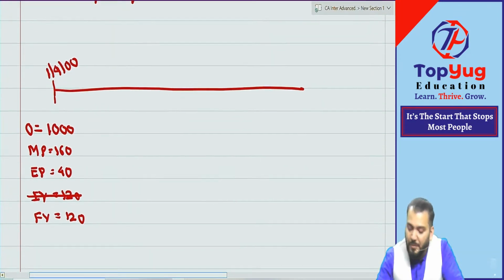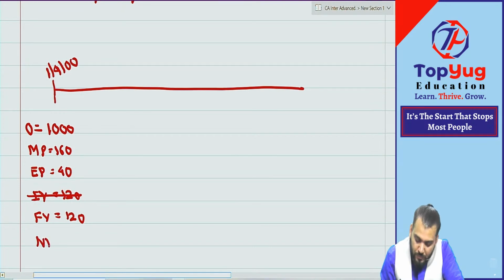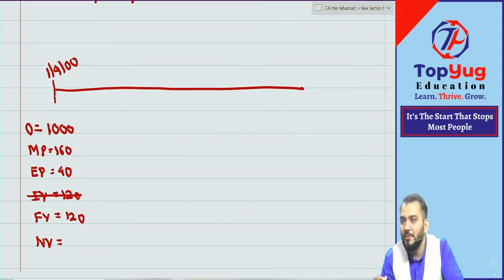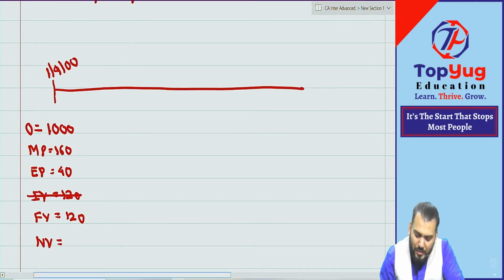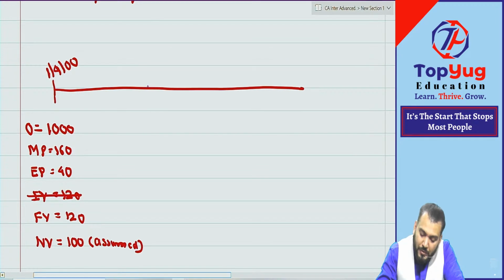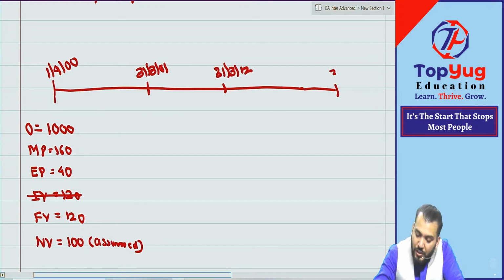Whether they have given the nominal value, face value, we need to take an assumption. You can assume 100, you can assume 10, your choice. Take 100. Then 31st March 2001, 31st March 2002, and this is 31st March 2003.